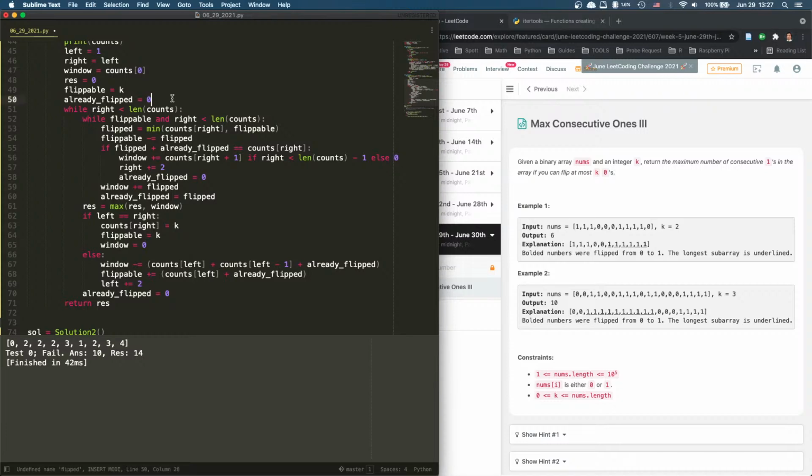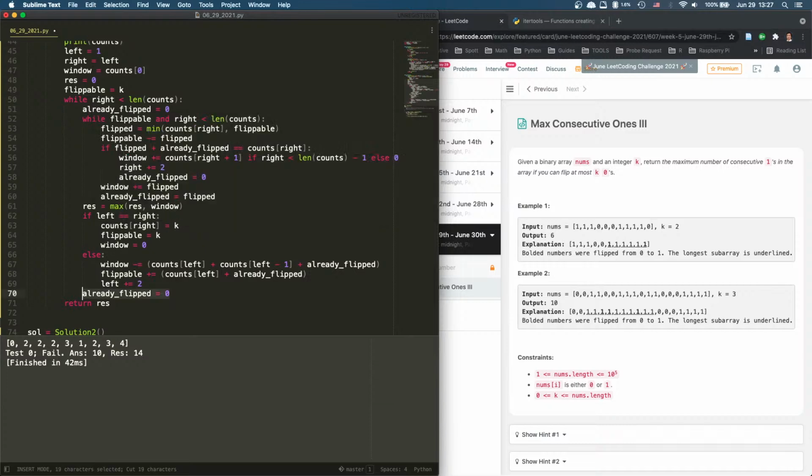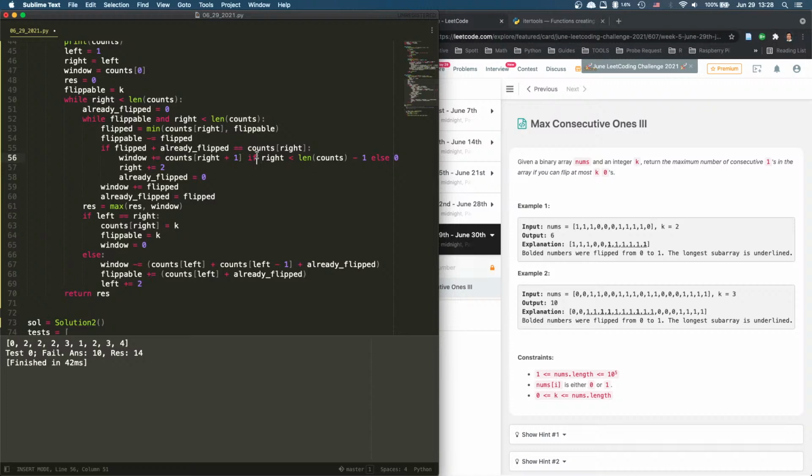In this case, I think we can just put this one inside this before we start. Already flipped is always 0. Try this. Oh, still not right. Alright, so we have already flipped is 0, right? And then we say flippable, and right smaller than, say flipped equals this, right? And then if flipped, I don't think we need already flipped.